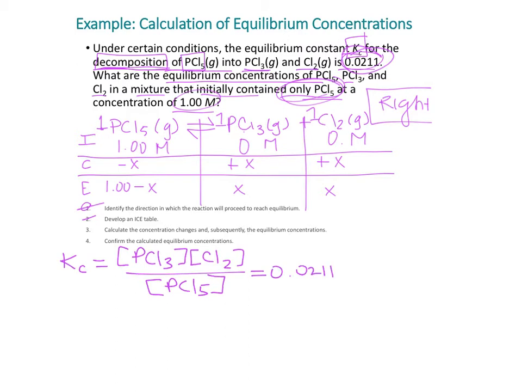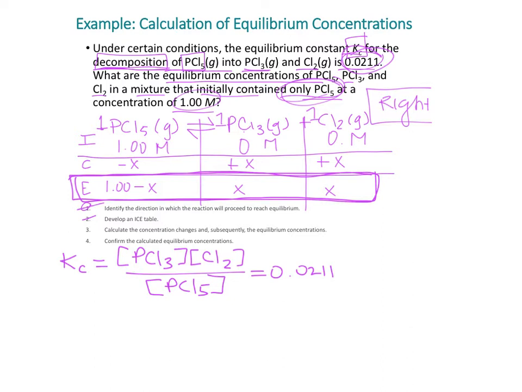The problem told us that the equilibrium constant is equal to this. Because of this, we can fill in what we have so far from here. Remember that Kc always corresponds to concentrations at equilibrium. So we are going to use the fact that we have this equilibrium constant and we have these changes filled in, represented by X's, to help us solve.